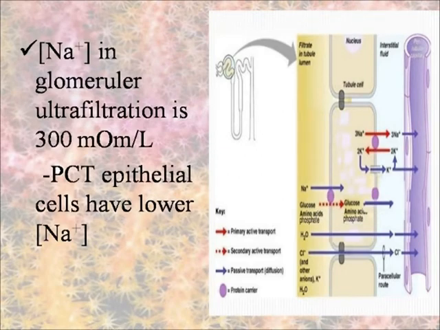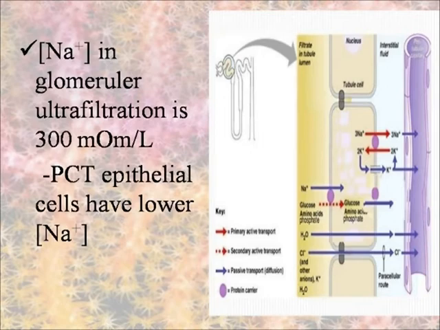The sodium-potassium ATPase pump located in the basal and lateral sides of the cell membrane creates a gradient for diffusion of sodium ions across the apical membrane. The pump extrudes sodium ion, creates a potential difference across the wall of the tubule with the lumen as the negative pole.